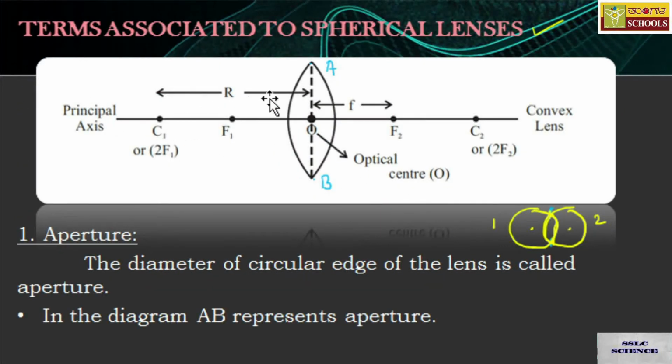If you extend this diagram, it is going to pass our limit, therefore you just bring that C1 as the center of curvature for the first imaginary sphere, and C2 will be the second center of curvature for the second sphere. I hope you are getting this. This is very simple. As you progress through this part, you will come to know. Therefore, no worries at all. C1 and C2 are called centers of curvature.